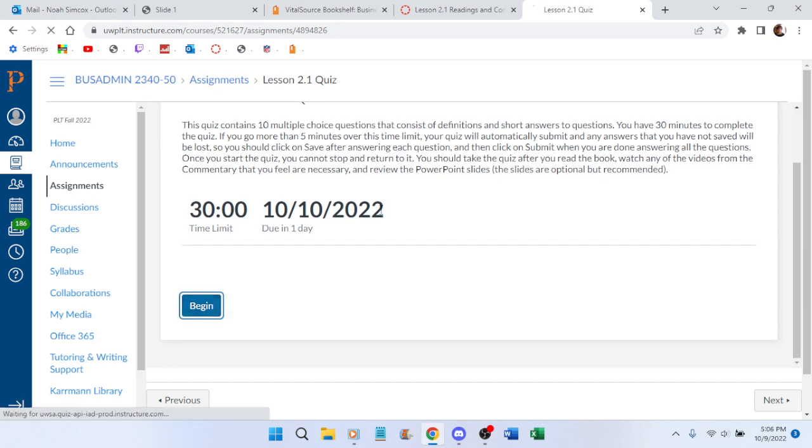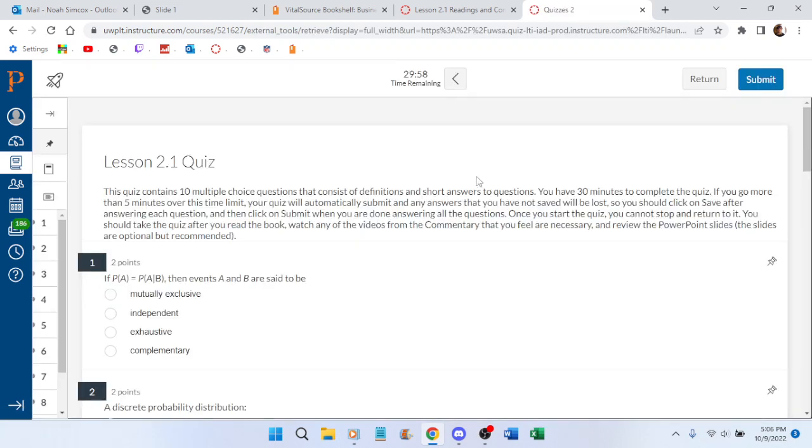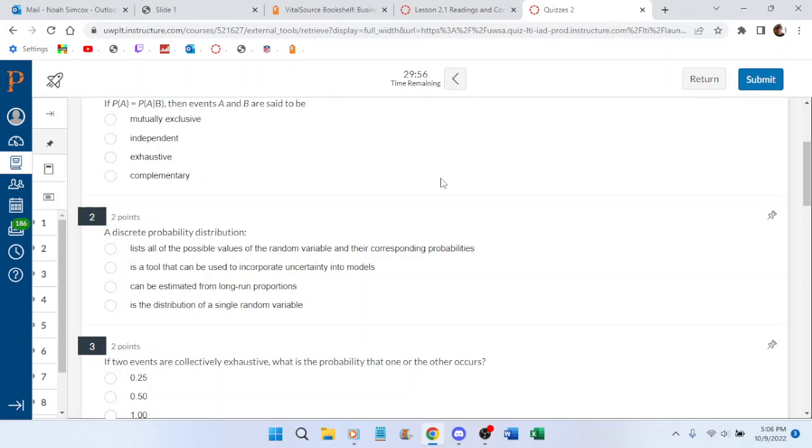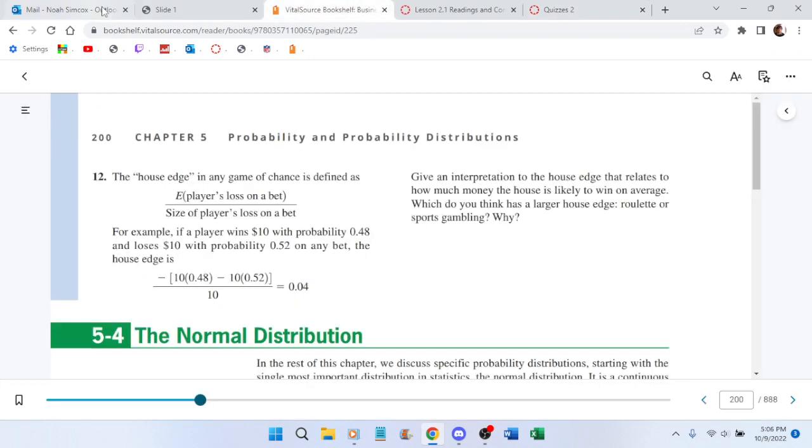I was about to procrastinate, but then I just clicked begin. Great. Probability... Okay. Is the same as probability of A given B. Oh, great. It's the same. I think it's independent.